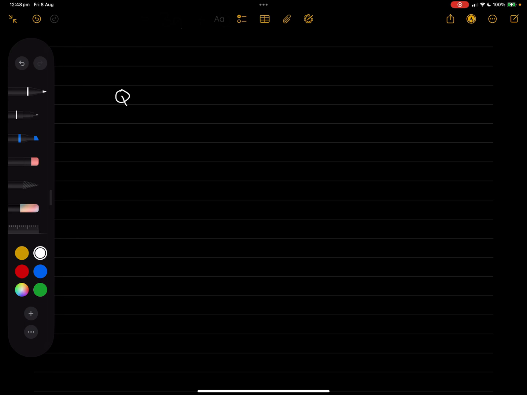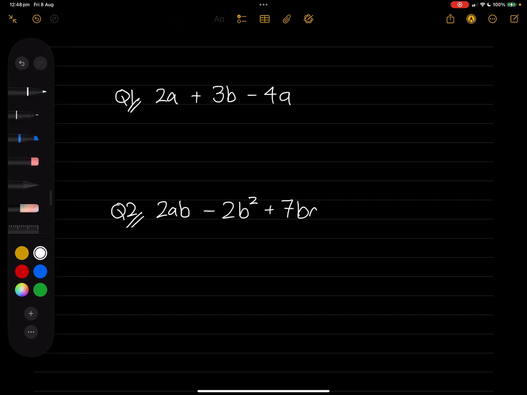So question 1 is going to be 2a plus 3b minus 4a. Question 2 is going to be 2ab minus 2b squared plus 7ba minus 4b cubed on b.